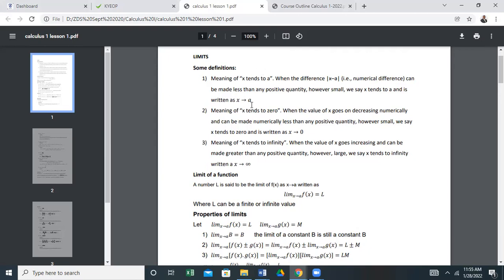When I'm talking of x tending to a, it is decreasing numerically until such a point where it will reach 0. And when I talk of x tending to infinity, it will again increase numerically to an indefinite positive quantity.